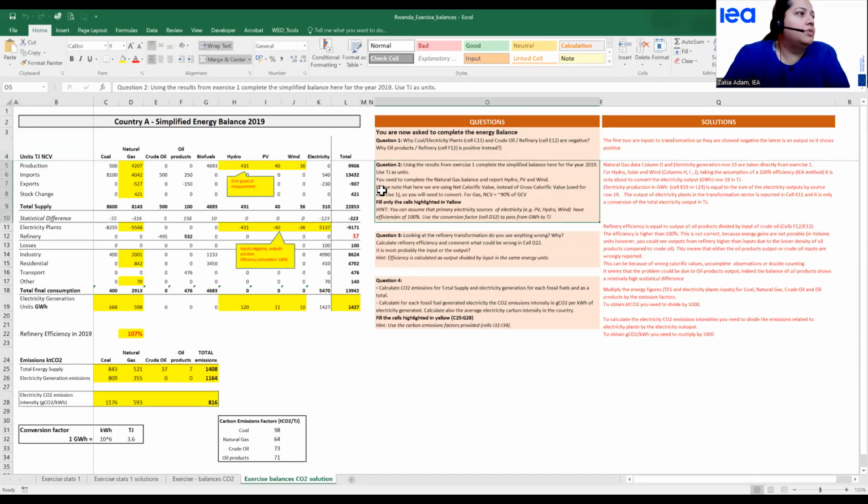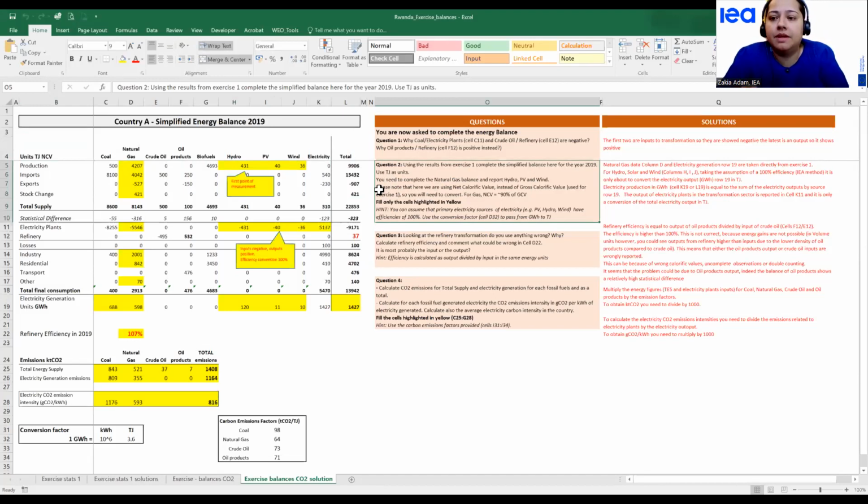Here we need to complete the energy for natural gas, but also for hydro, solar PV, and wind. Remember, we are using net calorific values instead of gross calorific values, so we will need to convert from gross to net.